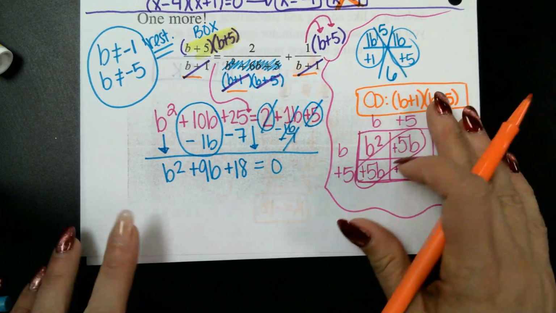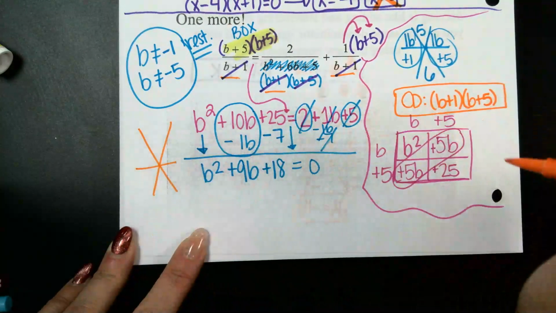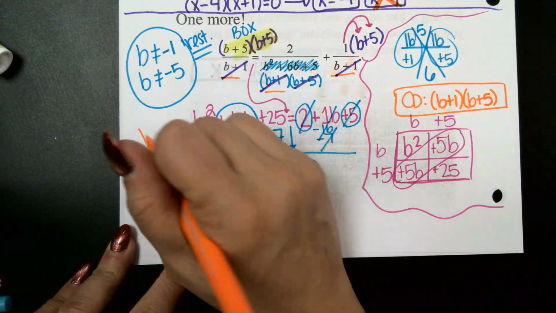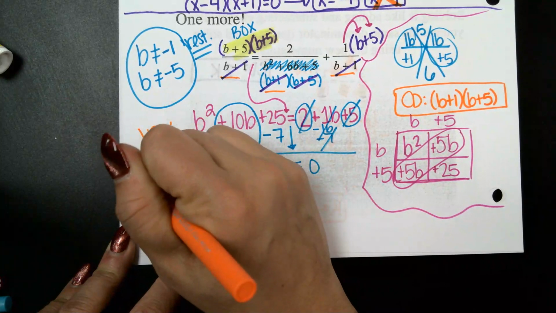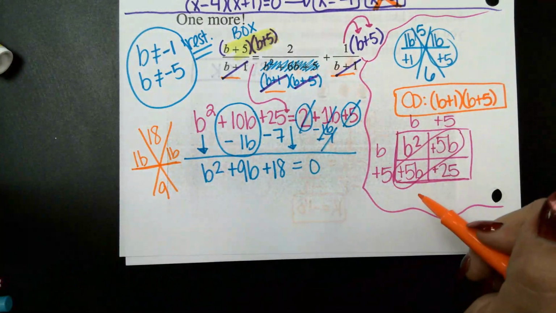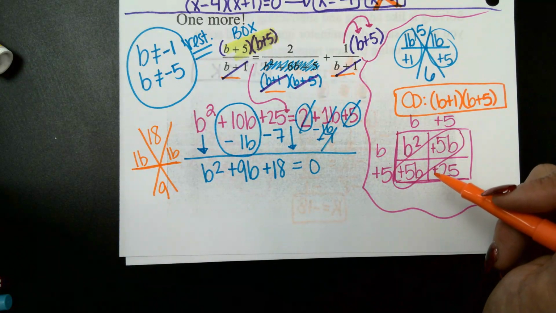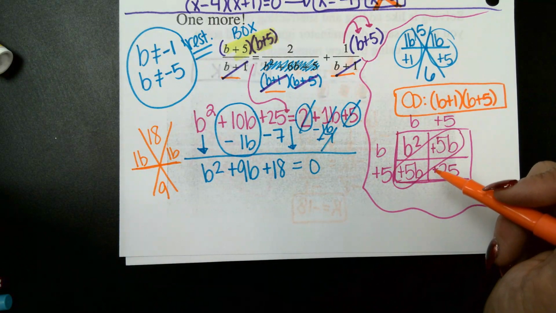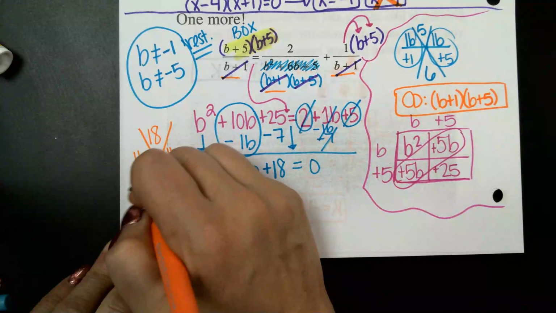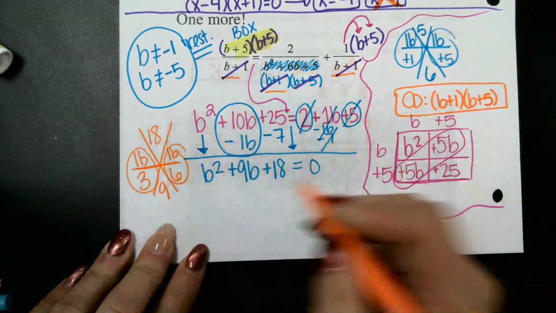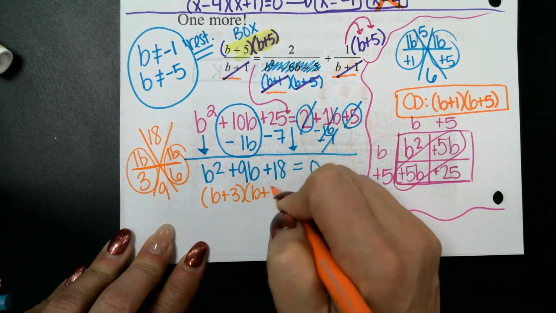So now don't we have to do another asterisk problem? Isn't this problem fun? We're doing all kinds of stuff here that you guys have done a ton of, all within the same problem. It's good stuff right here. Two numbers that multiply to give us 18 and add to give us 9. 3 and 6. So we have b plus 3, b plus 6.